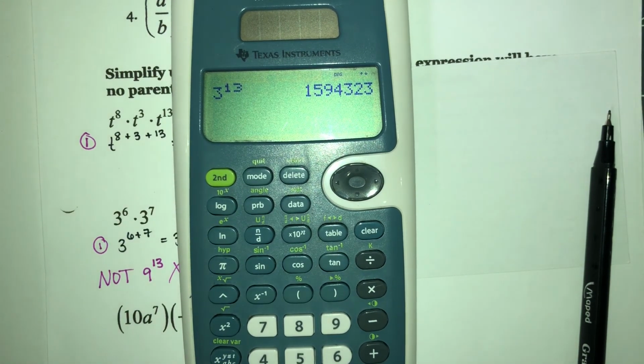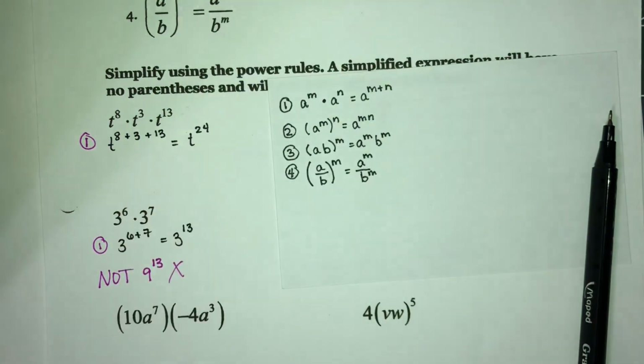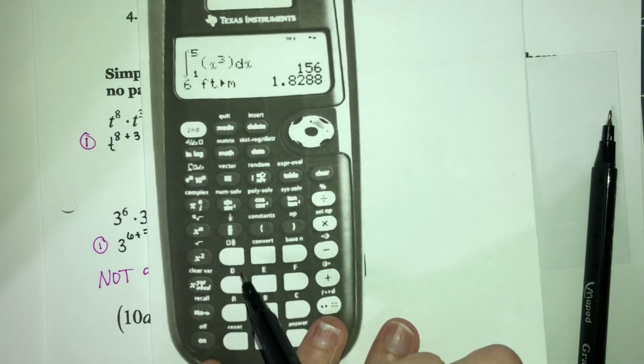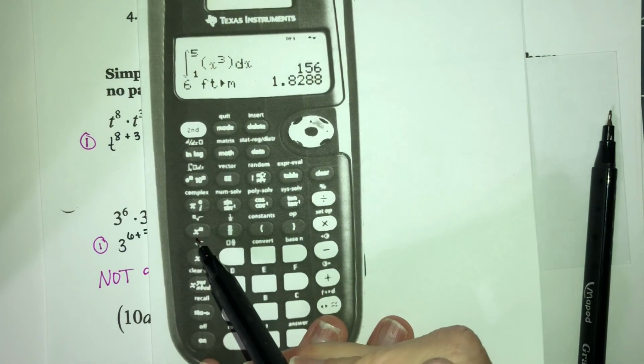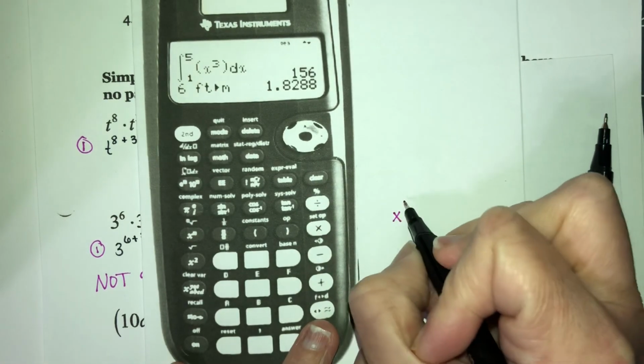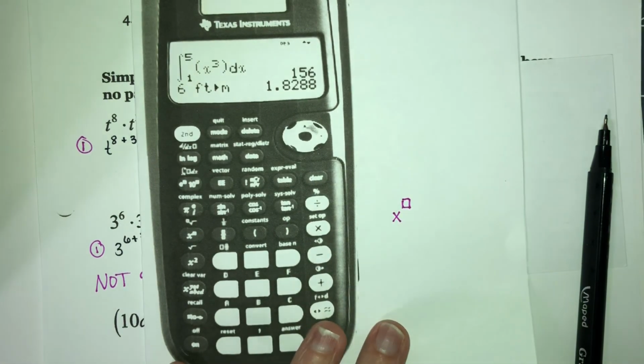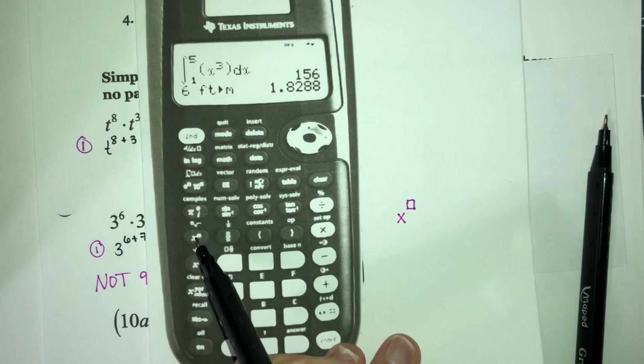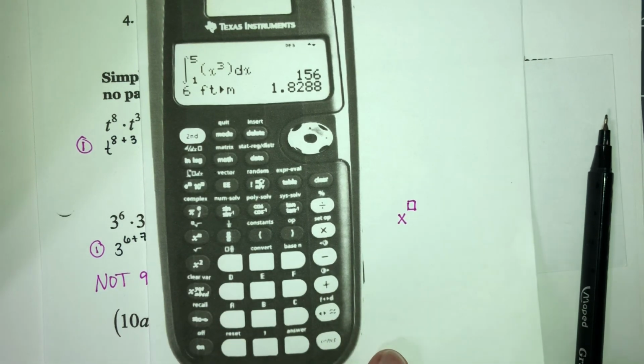Now, like I said in a previous video, I forgot to grab one of our classroom calculators, but I do have a printout. It's not very high quality, but it works basically the same. Directly opposite from the 7, you have x to the box, and it would work exactly the same way. You would hit 3, that box, and then 13, and then hit enter, and you would get the same answer.